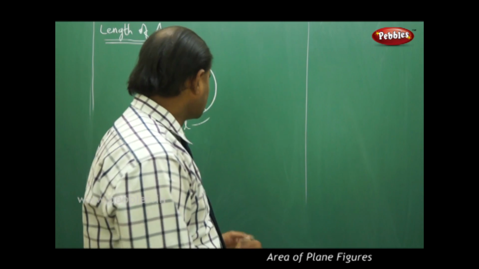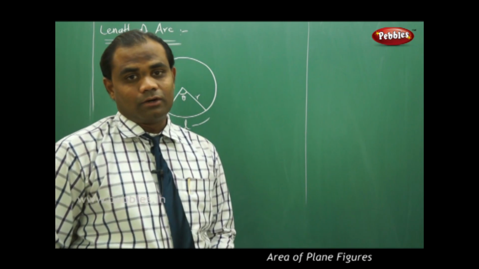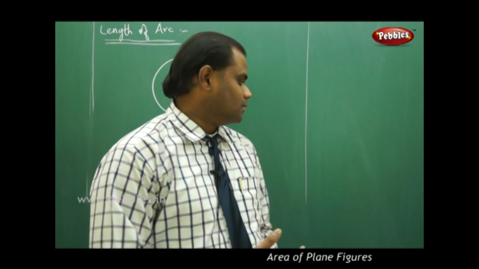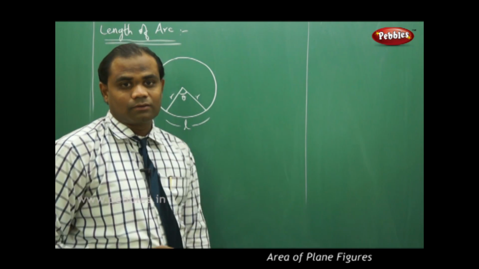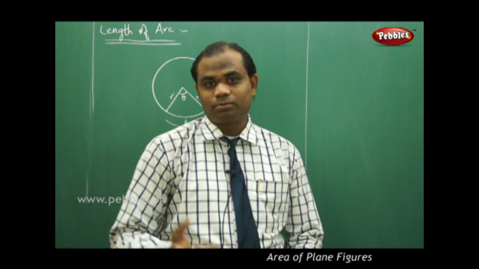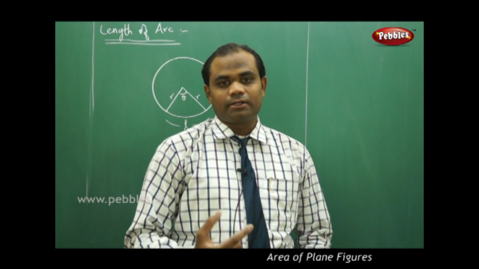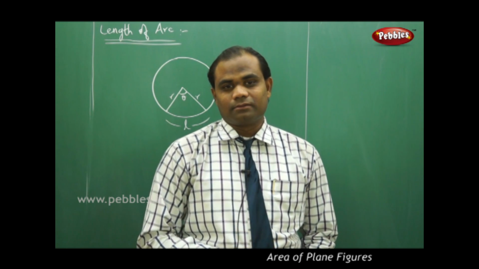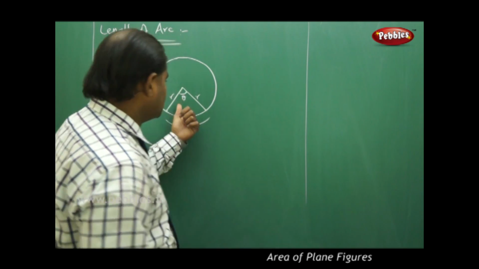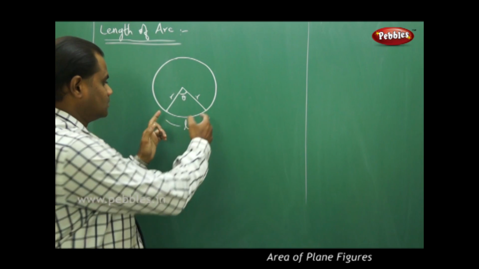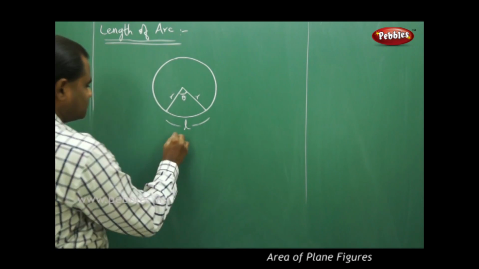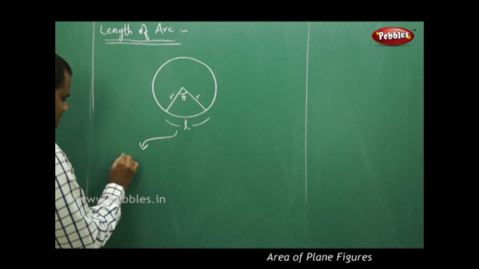So let's see an alternative method where the length of the arc is calculated connected with an angle. We have seen that the length of the arc was obtained as theta by 360 into 2 pi r. So there's another alternative method through which the length of arc can also be calculated for the given angle theta and the radius r for the given circle. So let me divide this into a sector and a circle.